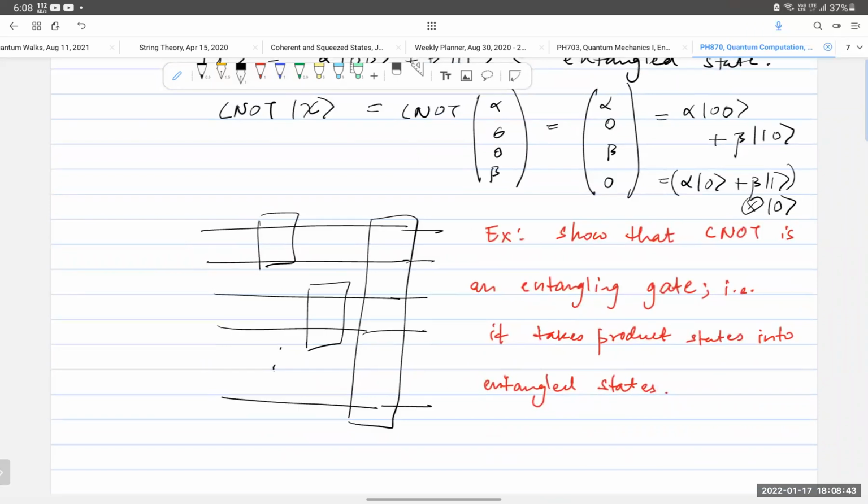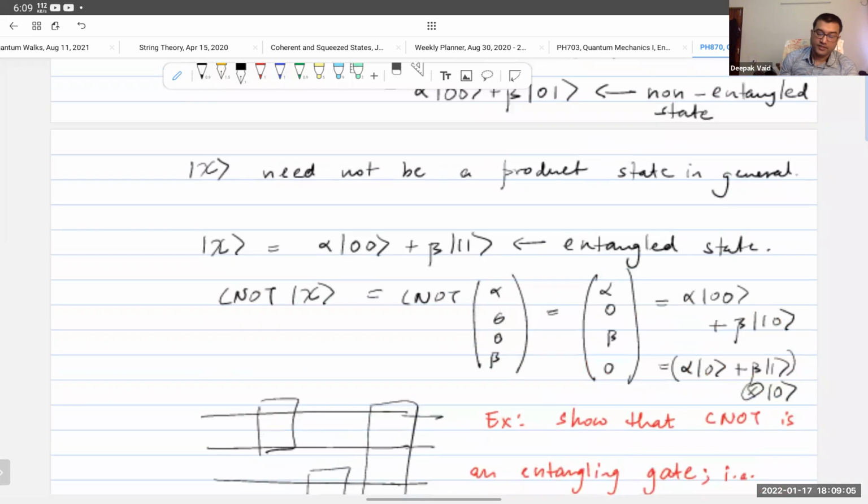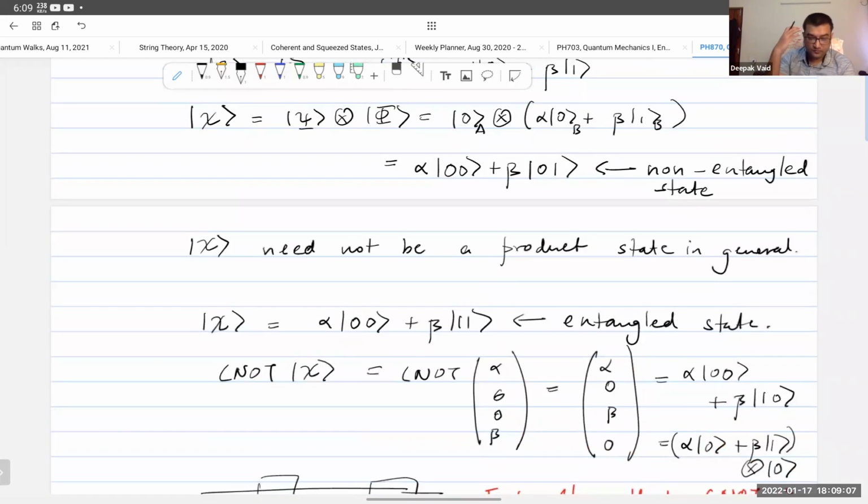So for the inversion to happen, we must have the control qubit as high, right? The control qubit should be, now again, this is what I'm trying to tell you, that you need to move away from your classical intuition of thinking of things in terms of separate pieces, right?